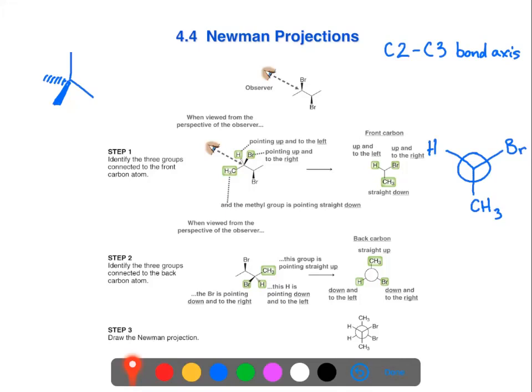Now we can complete the structure for the back carbon, and you'll recognize that in back, we have the same three groups attached to the back carbon as we saw in the front carbon. So for the back, we have the methyl group really 180 degrees from the original methyl group on carbon 2. And so we can draw that in.